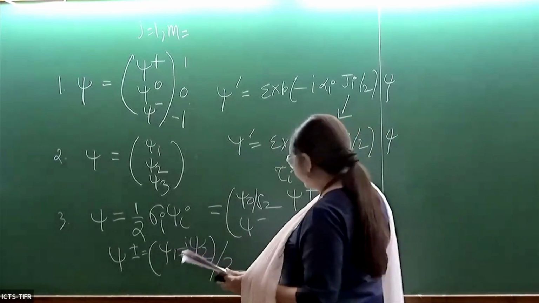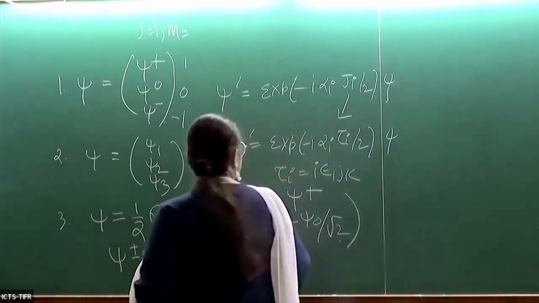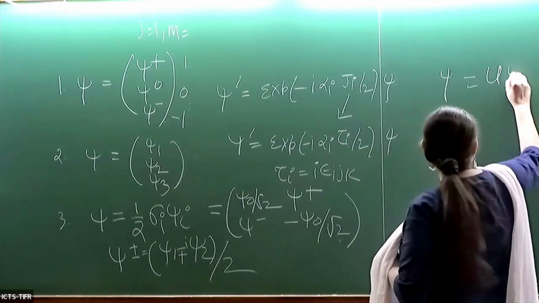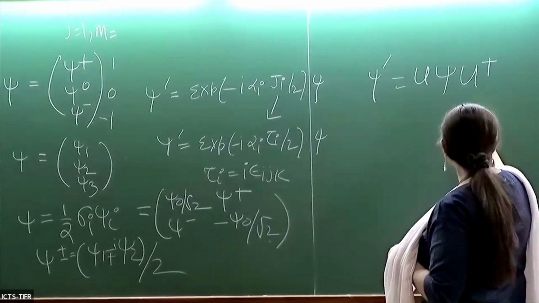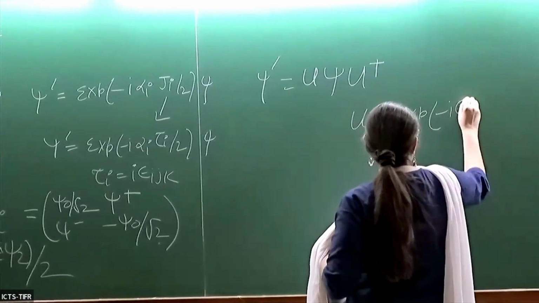The advantage of using this is that this psi transforms as U psi U dagger, where U is my 2 cross 2 matrix in the fundamental representation.